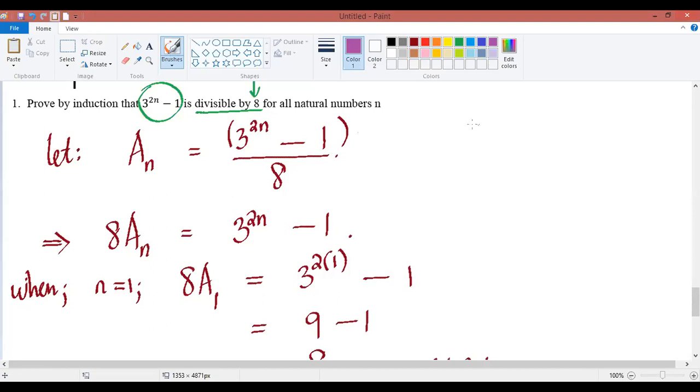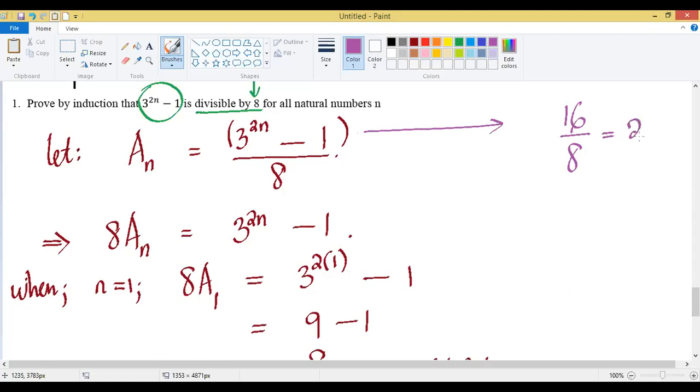You've answered the question. a subscript n is a constant. Because if this expression was 16, divide it by 8 and that 2 is the a subscript n. But you're getting it after setting n to a certain value, just like we have been able to get 8 from it after setting n to 1.